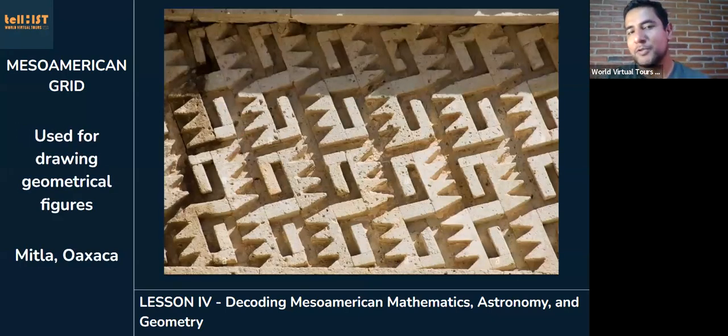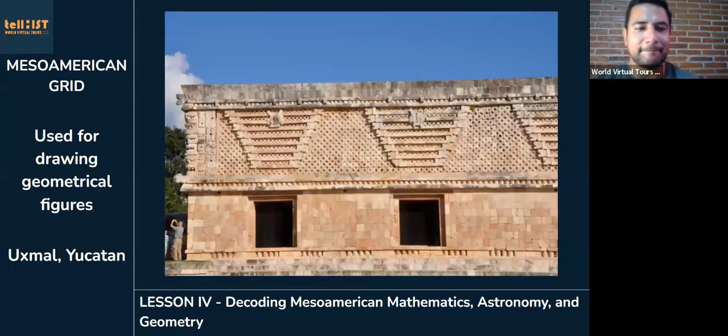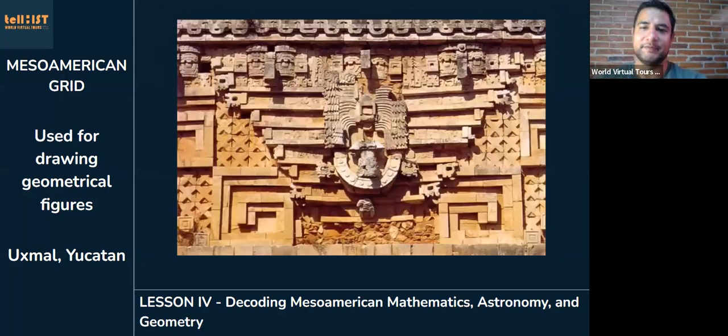But they also used all these vertical and all these grids to design decorations, 2D and 3D elements of decoration for expressing geometrical figures, like these ones in Mitla, in Oaxaca, these ones used or created in Uxmal, in the Maya Puuc area, in Yucatan.